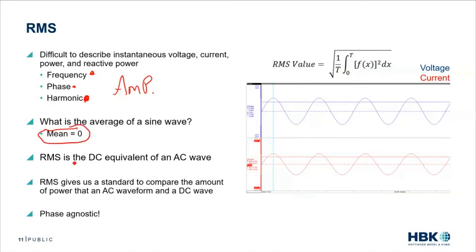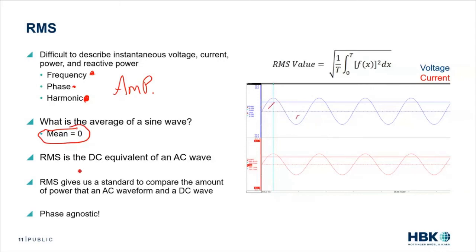However, we have this fun piece of mathematics called RMS, or the root mean square, where if we take all the points under the sine wave, and we take every point, we square it, we average it, and then we take the square root of that average, or a root mean square, we end up with this constant value, and we get a value for both the positive and the negative.